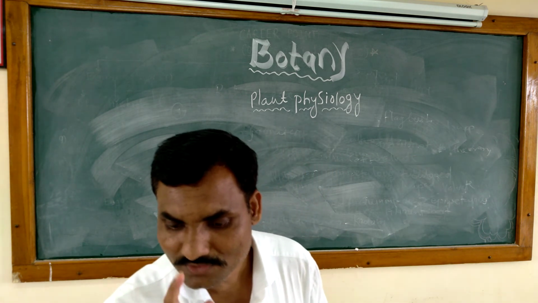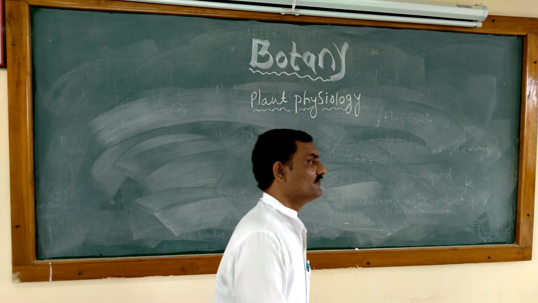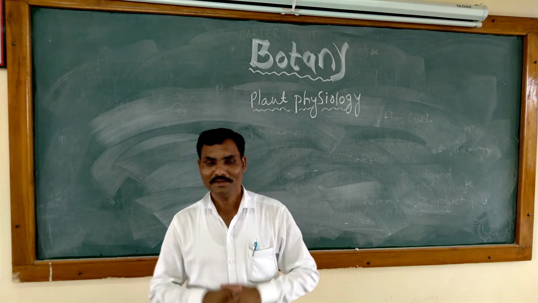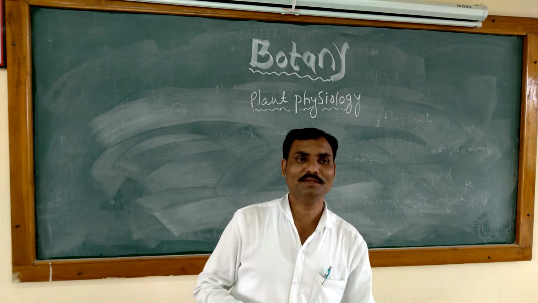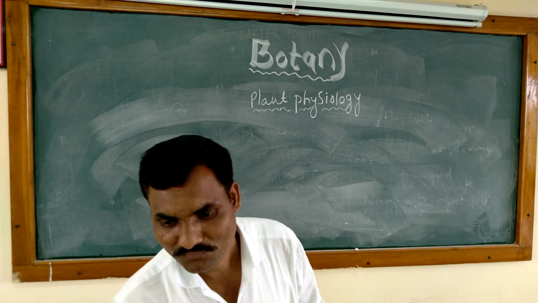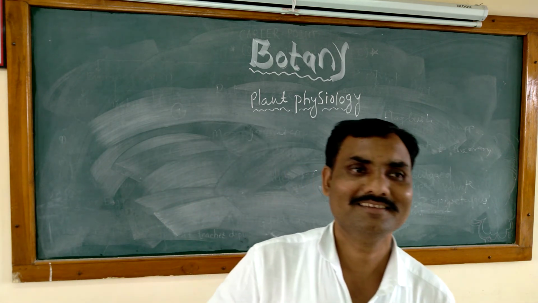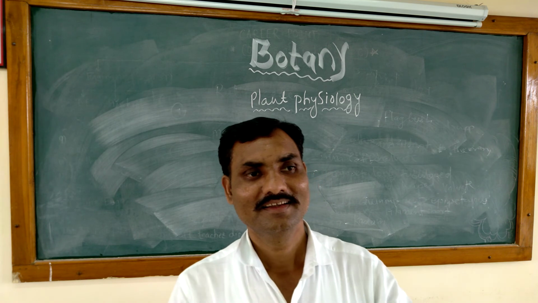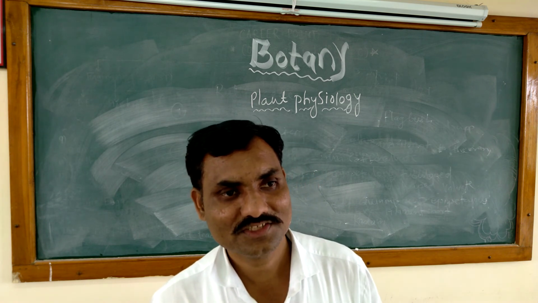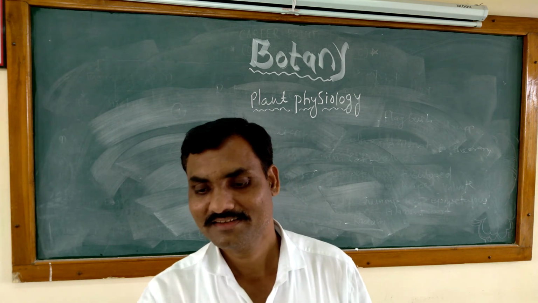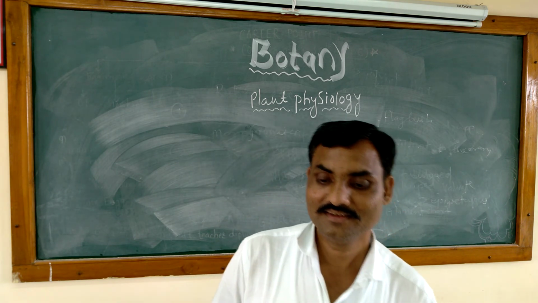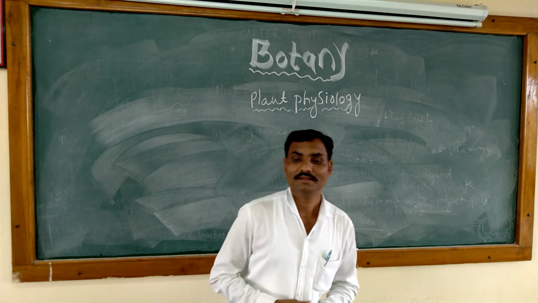Then another important point is that it is related with morphology, systematics and anatomy. For the study of taxonomy, plant physiology plays a very vital role. That is systematics. What is systematics? Classification, identification and nomenclature. The study of all these factors also plays a very vital role in physiology.